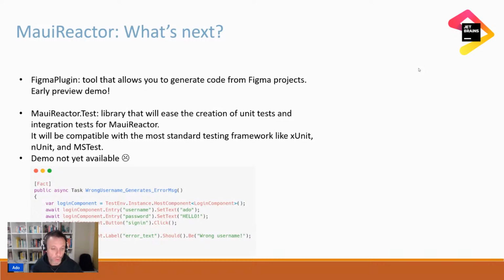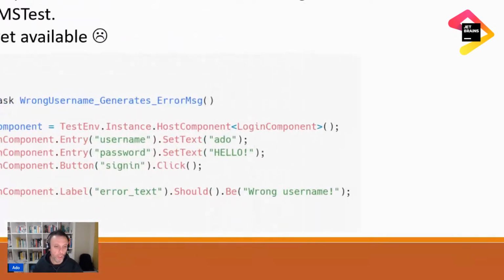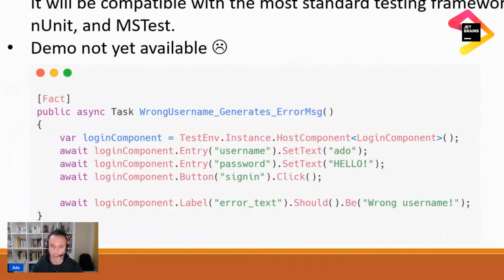What I wanted to show you is that I want to create a testing library that lets us easily host a component, easily intercept an entry and set its text, or easily intercept a button and issue a click event.